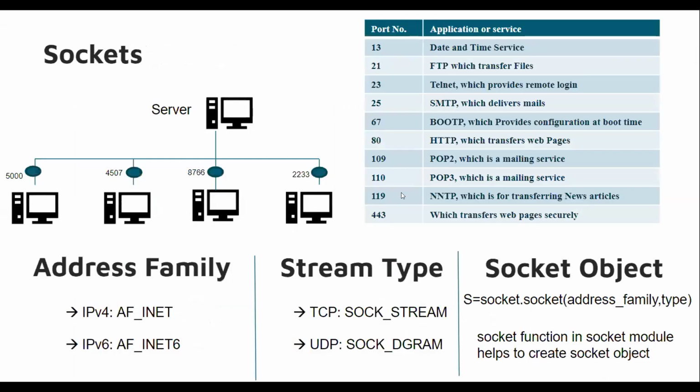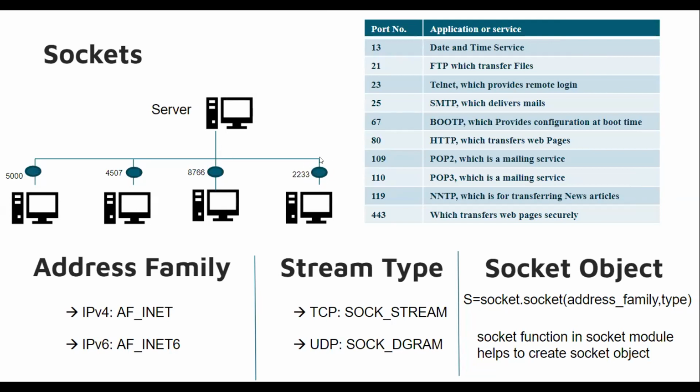Now, coming to Python. What do we mean by socket? If you are new to this, I will explain in brief. This is a server and these are the clients. There is some connection between a client and a server, so they join hands over here.